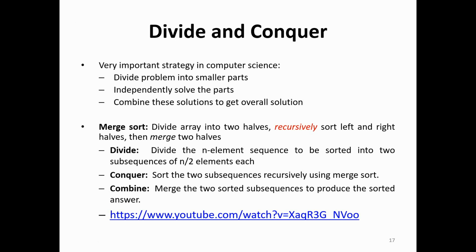So we are dividing the n elements of the array into two subarrays of n over 2 elements. Again, if n is odd, then one of these subarrays would have one extra element compared to the other one. Then we sort these two subarrays recursively using merge sort, and then we combine them.